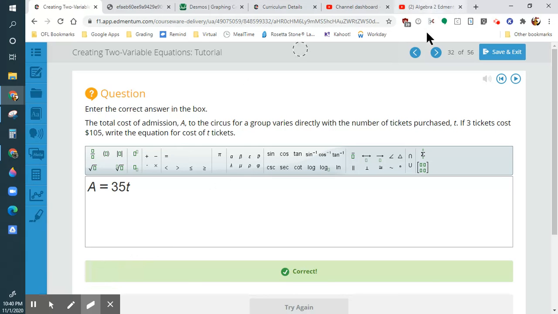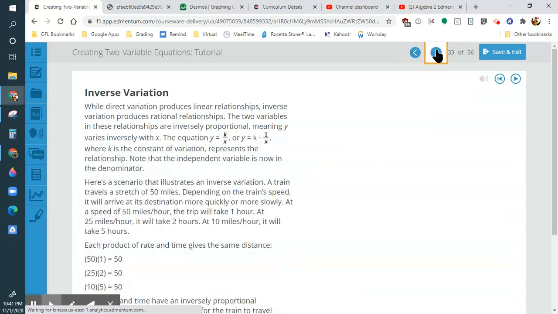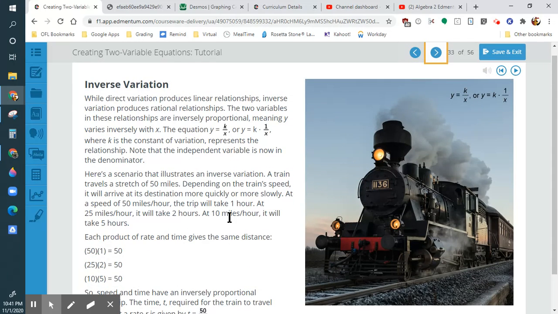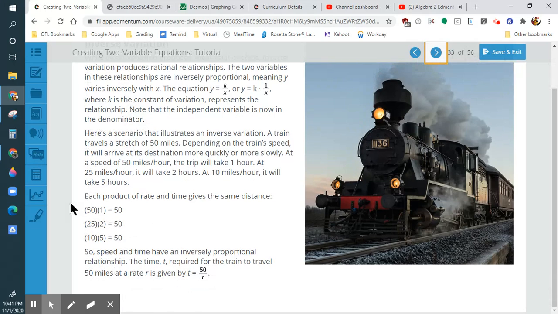All right, so let's get into inverse variation. Inverse variation is when something is increasing, the other one decreases. In this case, I think this is speed. As the speed of something increases, the time it takes to get somewhere decreases.